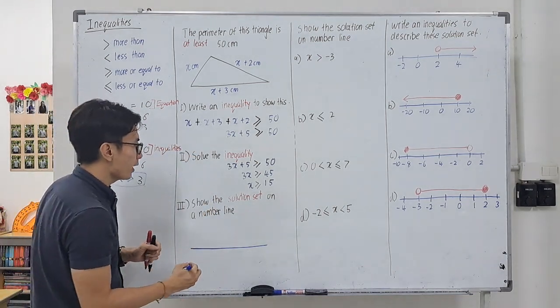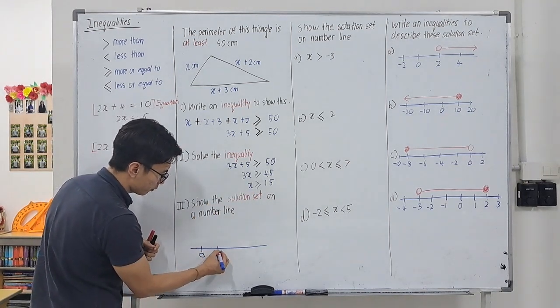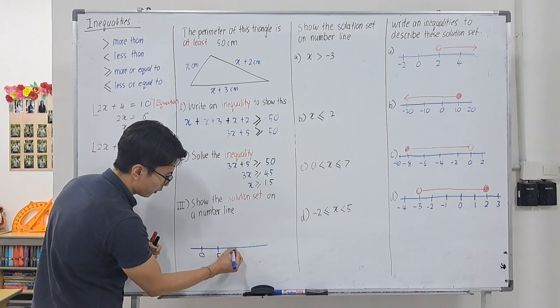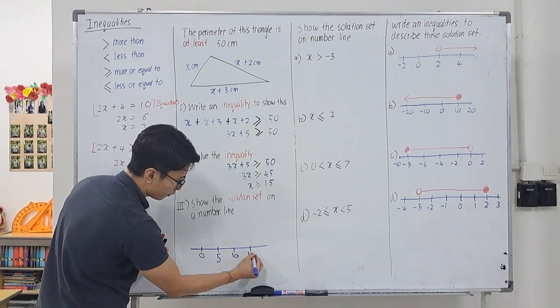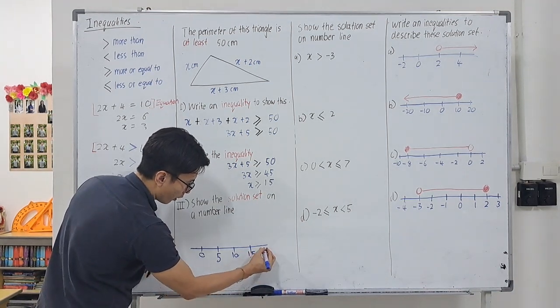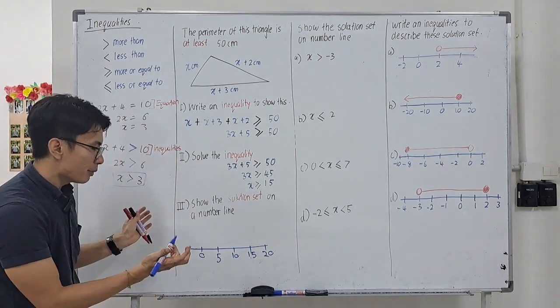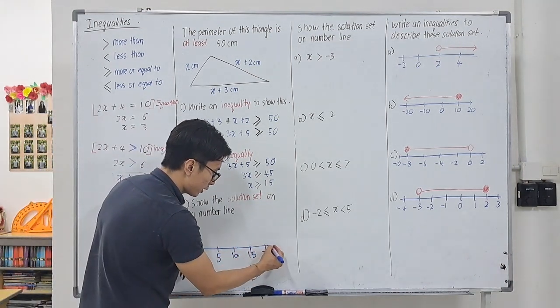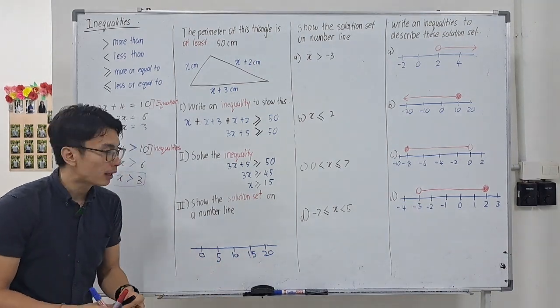What I mean by that is, since it's 15, I can choose, let us say, 0, 5, 10, 15, and 20. If you choose a scale, it can be any scale you want, but it must have equal spacing. Alright, that's what I mean.